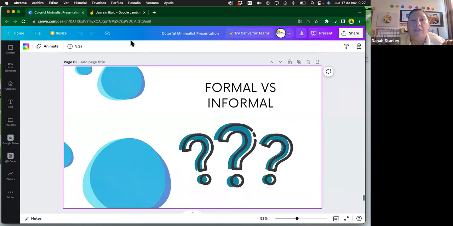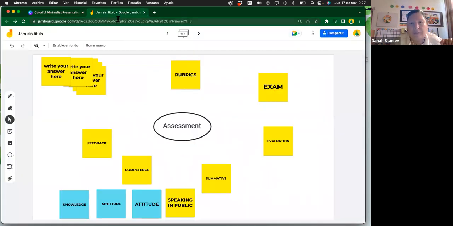What do you think is more useful for students? To have a 10 in the exam by answering complete the sentences, conjugate the verbs, circle the correct answer, or maybe give a presentation to practice how to speak in public.